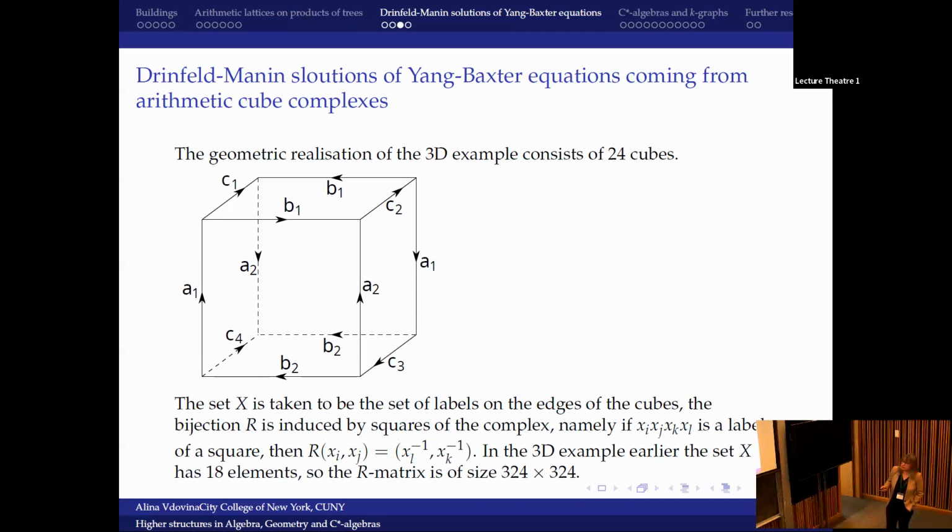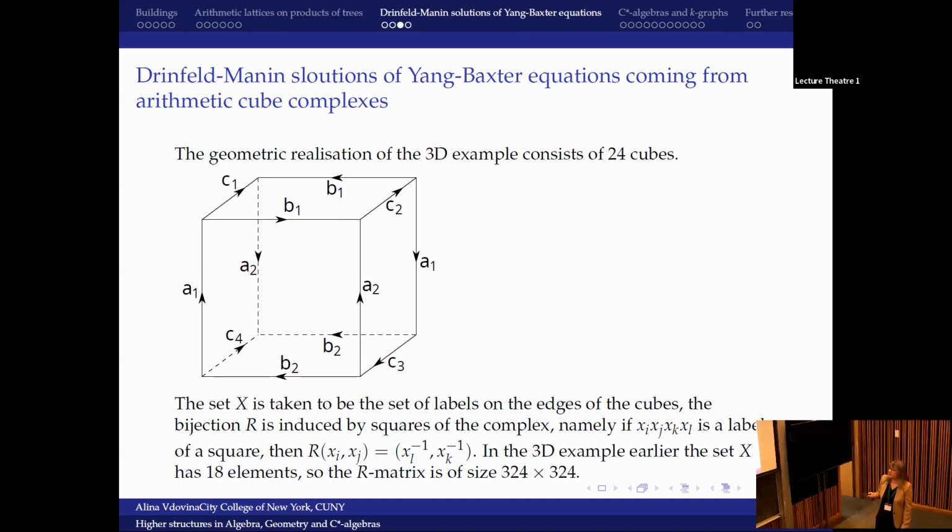In a way, to construct this R matrix, it's almost like constructing a higher rank graph. For example, you say a1 b1, and then you have b2 inverse a2, because the set X for the Yang-Baxter equation is the set of labels of the edges and their inverses. So we have a1 and a1 inverse as well, which is twice more.